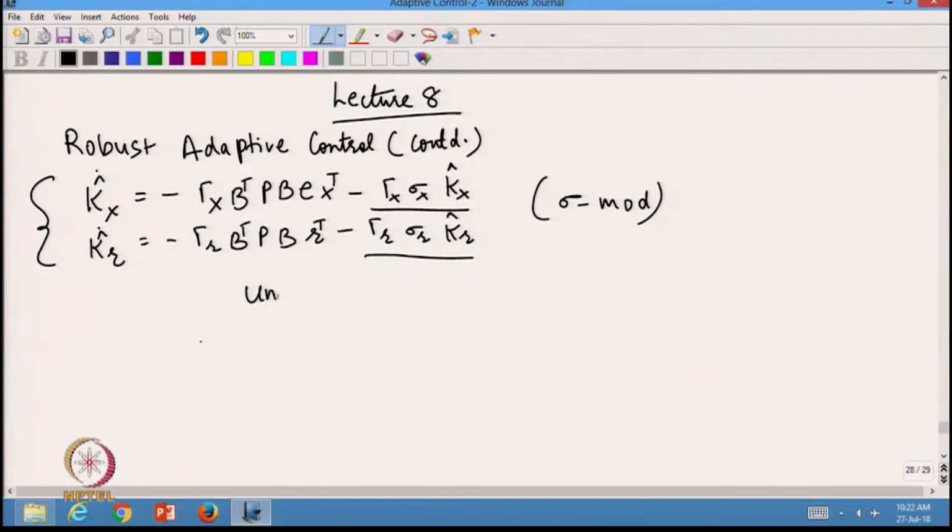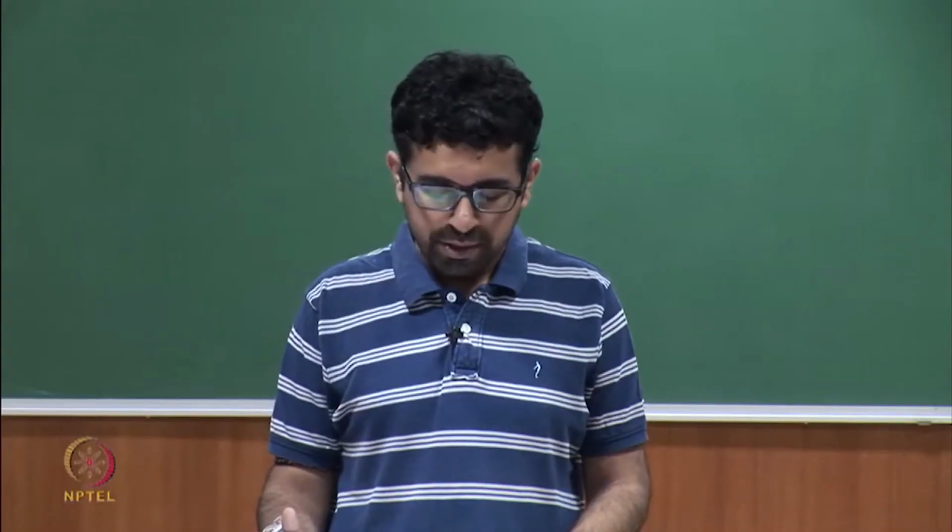So, unlearning is when k x hat has already learned some value, some estimate for k x, and at that time the tracking error becomes very low, and so the k x hat is updated based on the second term, which makes sure that k x hat converges towards 0. So, whatever value it has learned, it basically has to unlearn that. So, this is of course not good if we are looking for good performance from our adaptive laws.